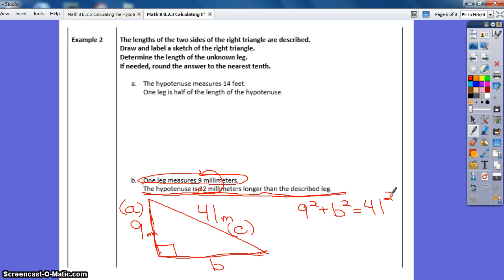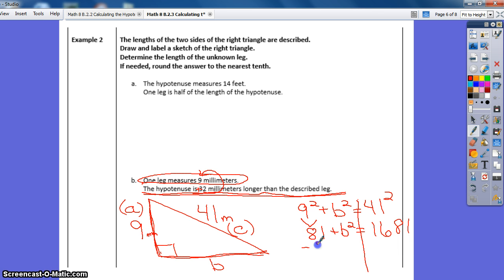When you get the right answer, you can hold it up. If you have the right answer, you can start your homework, which is page 3 and 4. So 9 squared is 81 plus B squared equals 41 squared, 1,681.